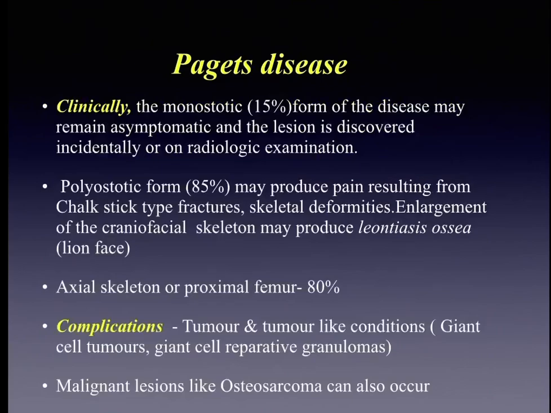In about 80% of cases, the axial skeleton or the proximal femur is the most commonly affected bone. A variety of tumors and tumor-like conditions can develop in this structurally disordered Pagetic bone, for example giant cell tumors or giant cell reparative granulomas. Lastly, malignant transformation to osteosarcoma can also occur in Paget's disease.